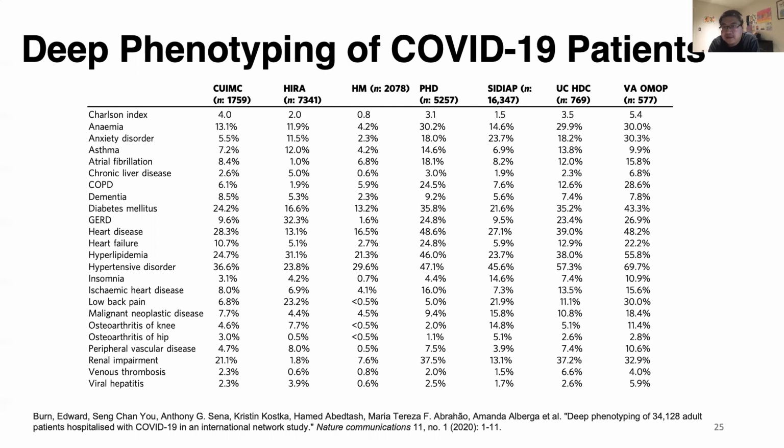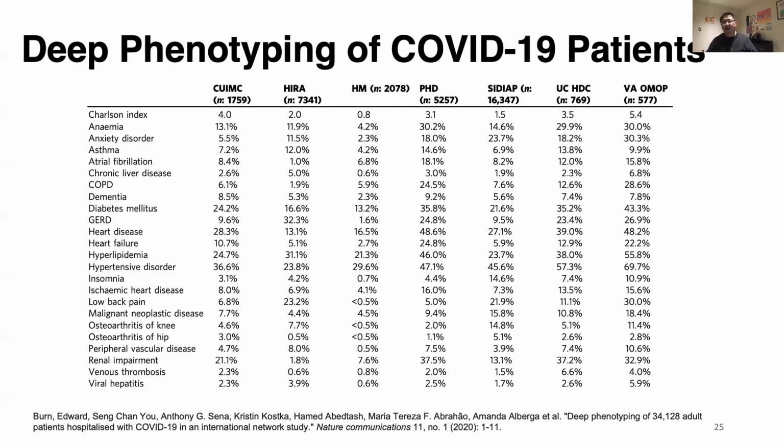And in the US, the proportion of these hospitalized COVID-19 patients who had asthma ranged from 7 to 15%, from 24 to 43% for diabetes, from 28 to 49% for heart disease, and from 8 to 18% for cancer.